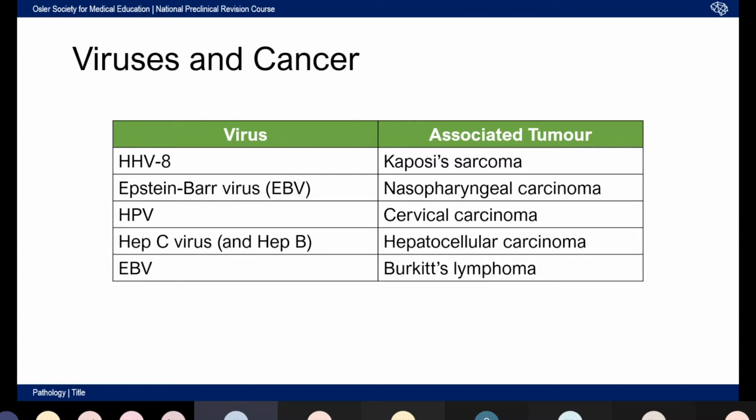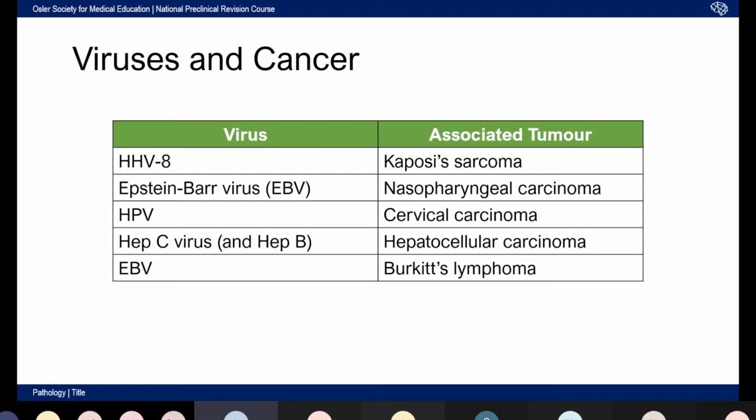So it infects a lot of people, but fortunately it only develops into cancer in a very small minority of people. It can increase people's risk of nasopharyngeal cancer and also Burkitt's lymphoma, as well as some other cancers. But EBV-related cancers are more common in Africa and Southeast Asia.